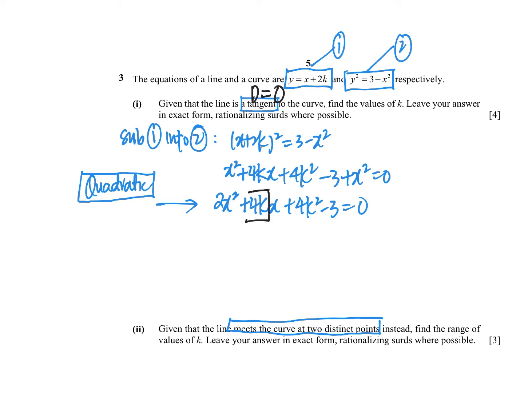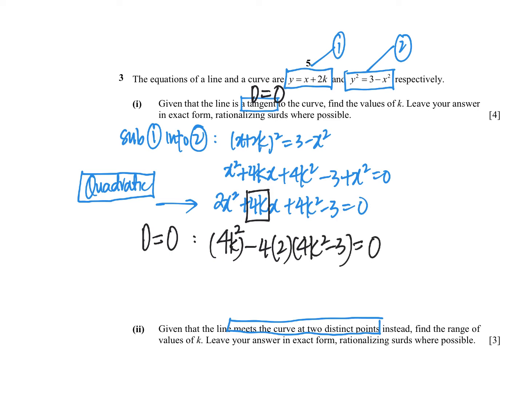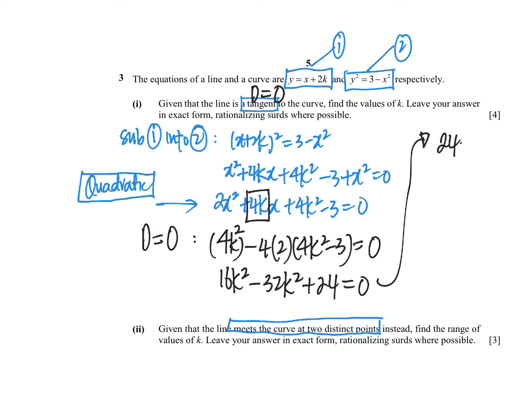So b squared minus 4ac is equal to 0. So if you solve it, plus 24, you will get 24 equals 16k squared. So k squared is 3 over 2. So k is plus minus square root of 3 over 2.